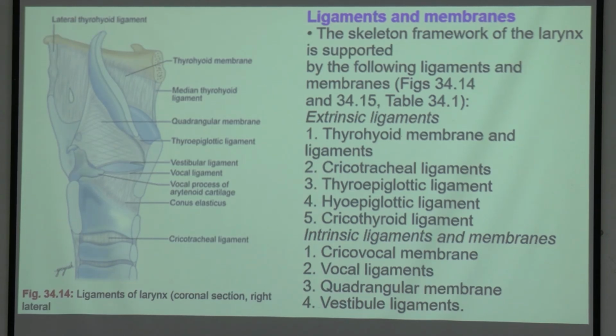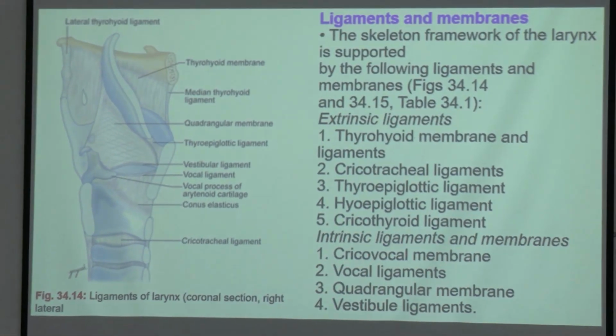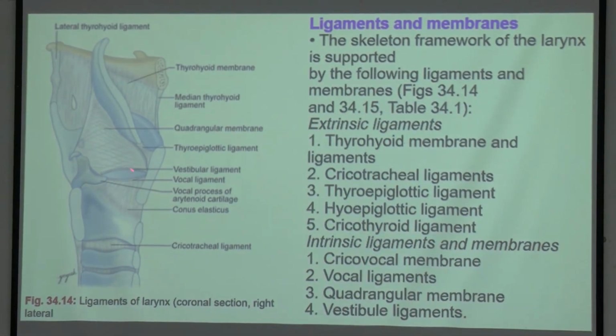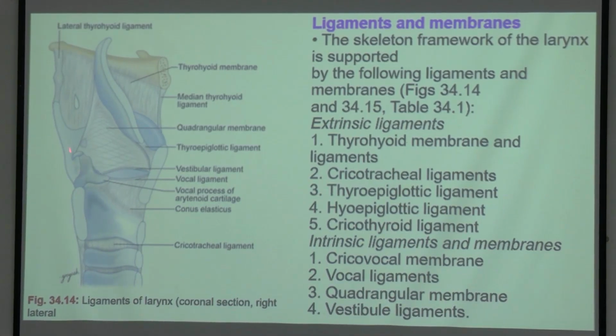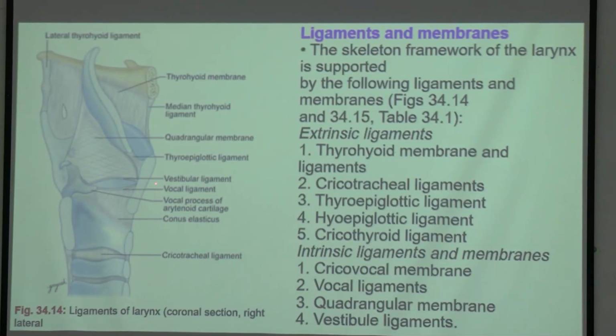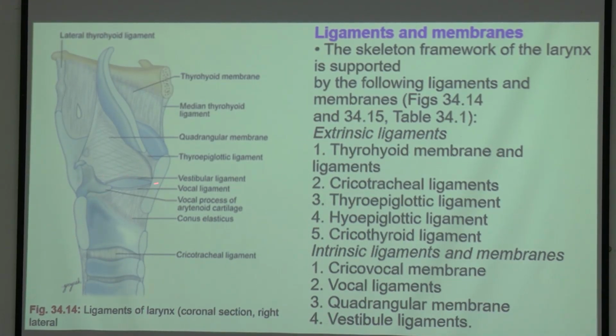From inside outside: mucous membrane, submucous coat, then fibrous coat, then muscular coat. What we can see, this is a fibrous coat. This fibrous coat is a quadrangular shaped fibrous coat, which ends in a ligament called vestibular ligament, and this area is called quadrate membrane.